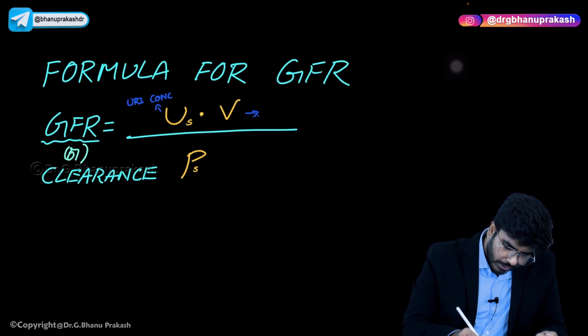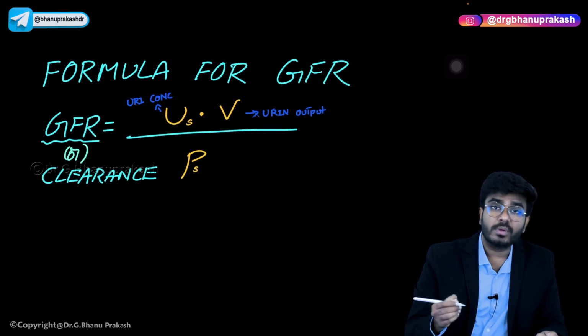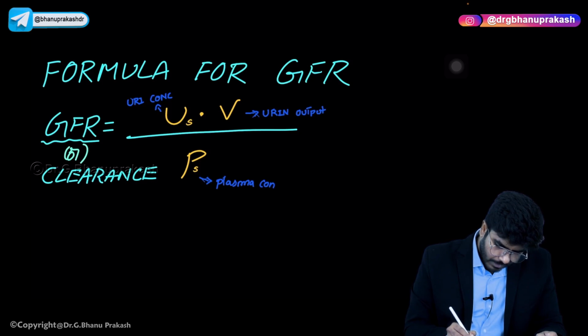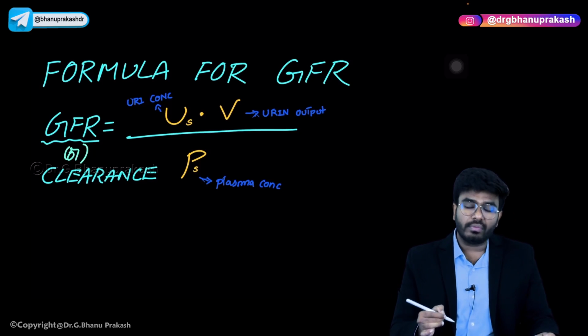V means urine output, how much urine is getting produced. And P means plasma concentration of that particular substance. So UV by P.